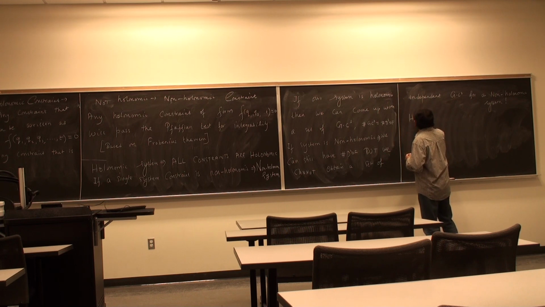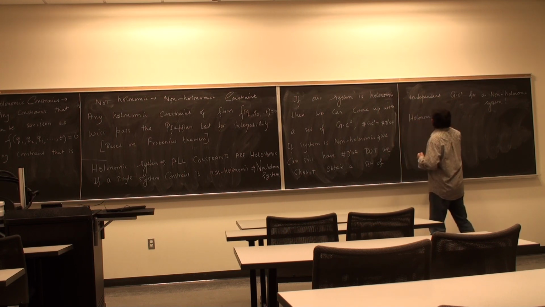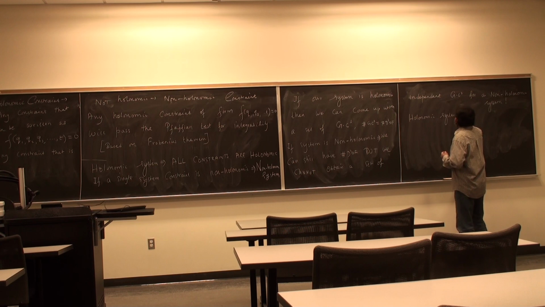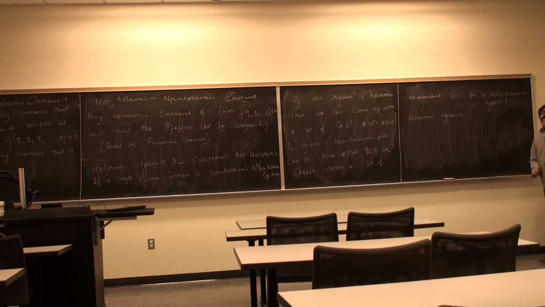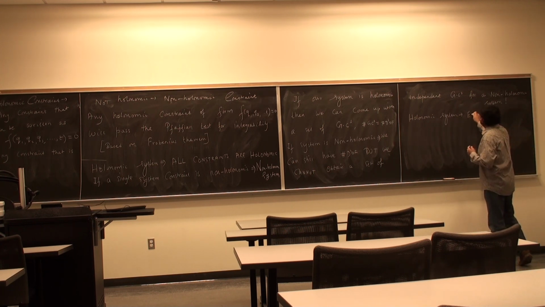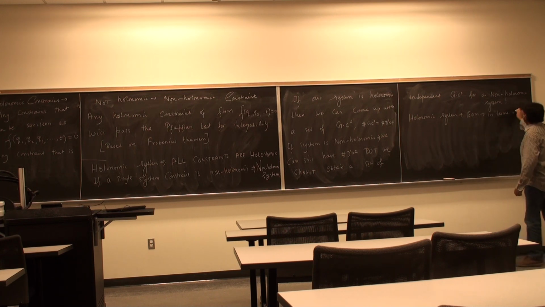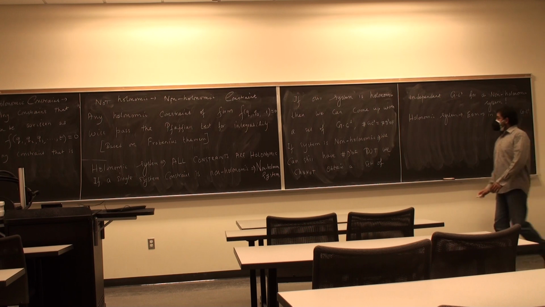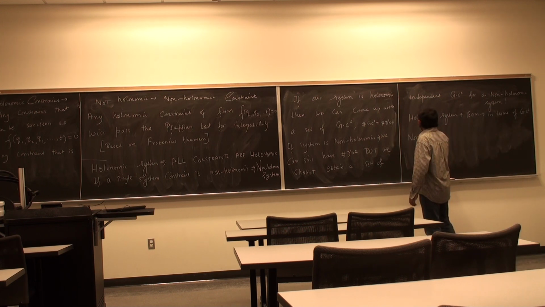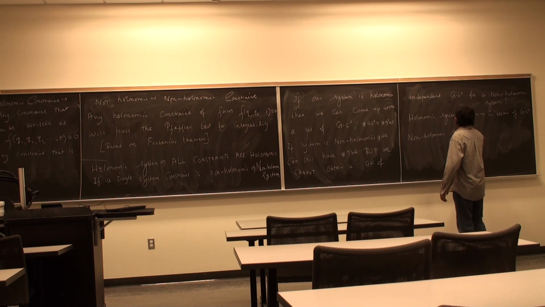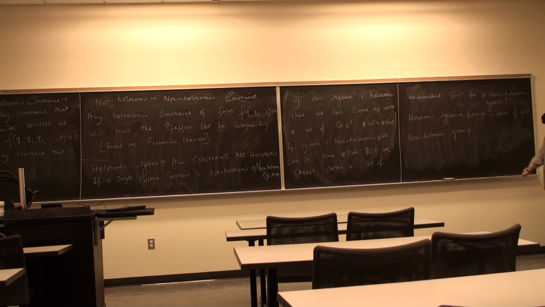Very short sentence here. Holonomic system: your equations of motion will be in terms of the generalized coordinates. If I have a non-holonomic system, I can still come up with the equations of motion.